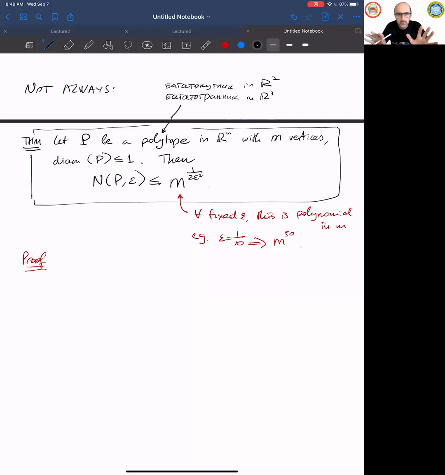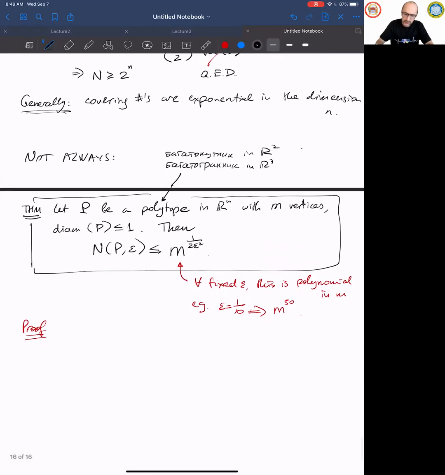Does a polytope include the interior or is it only the shell? It does include the interior, yes. So something like this, for example, we consider as a polytope, everything that's inside. Any other questions?